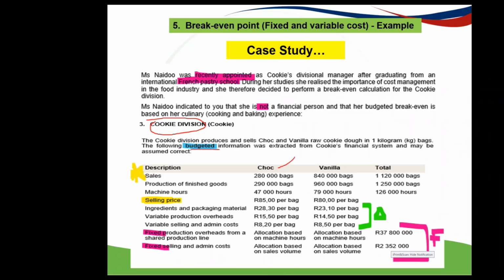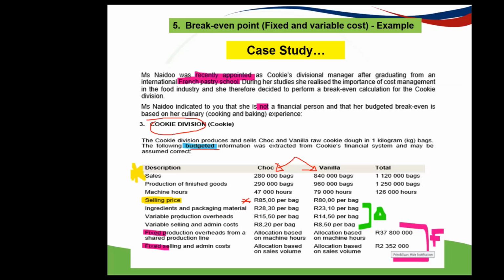So from the start here, we can see there is more than one product. Okay. We've got more than one product that we're looking at. We've got production quantity, we've got our machine hours, we've got our selling price. Okay, so remember the selling price. Then we've got ingredients and packaging material.